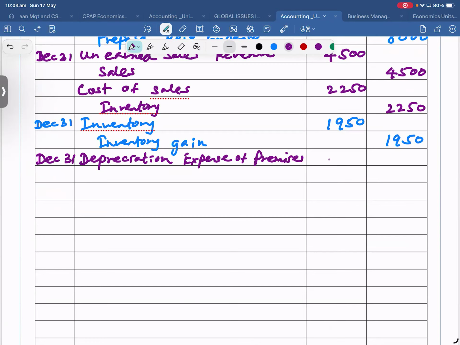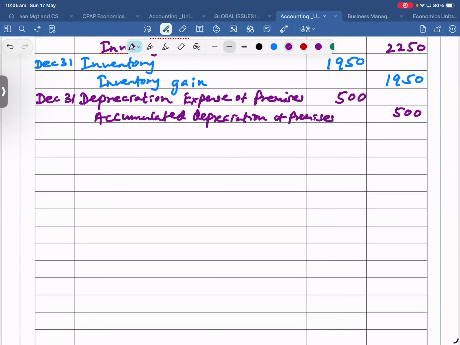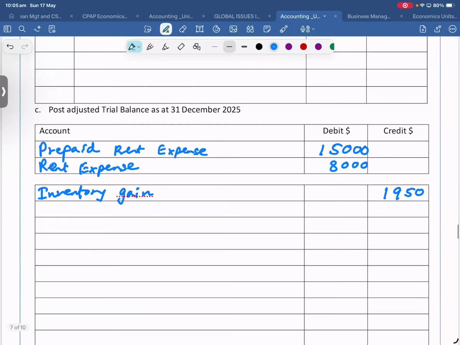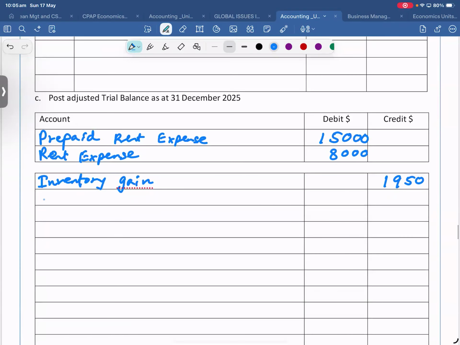400 and accumulated. Yeah, then at the same time, guys, we'll go and update the depreciation expense in the post adjusted.